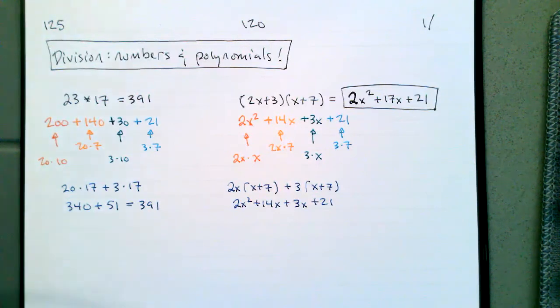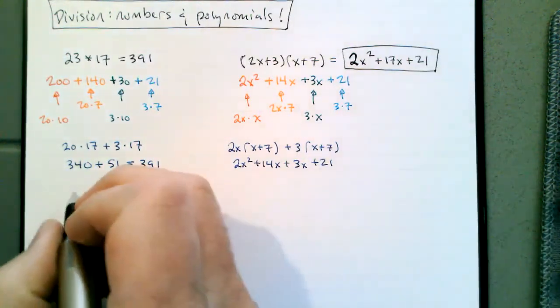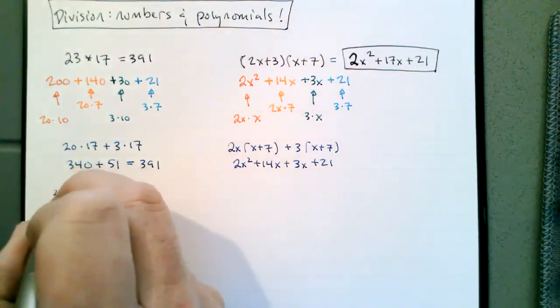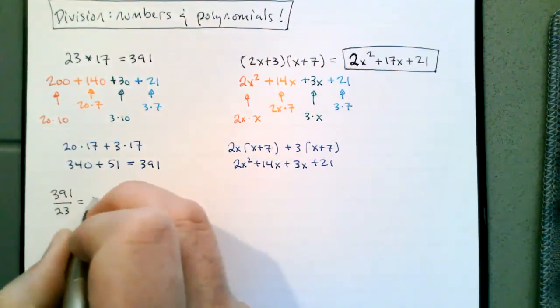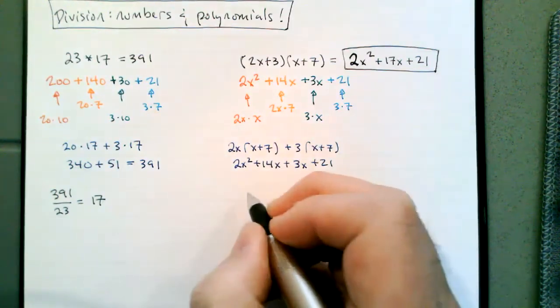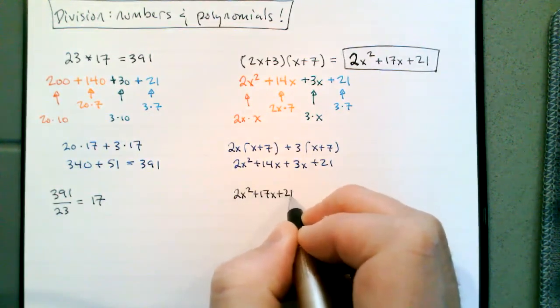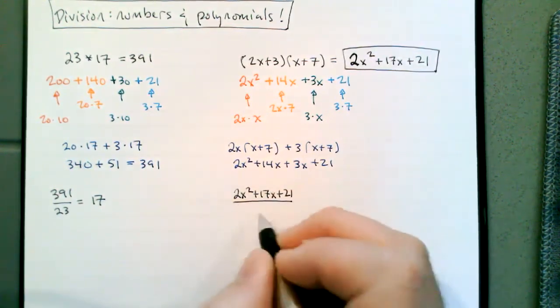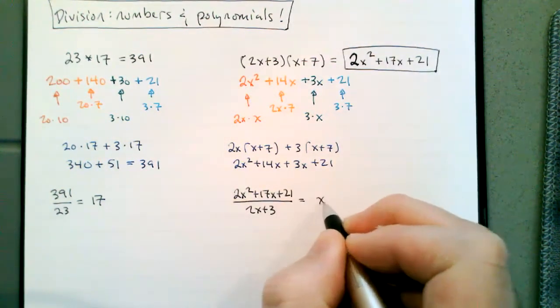If we know that 23 times 17 is 391, then almost for free, if we want to take 391 and divide it by 23, we'll get 17. So in polynomial land, the same is true. If I take 2x squared plus 17x plus 21, and divide by 2x plus 3, we should get the x plus 7.